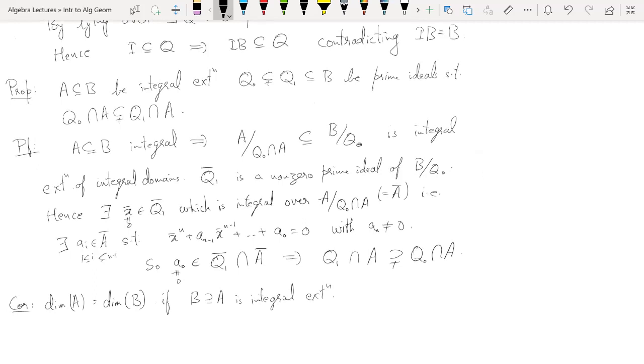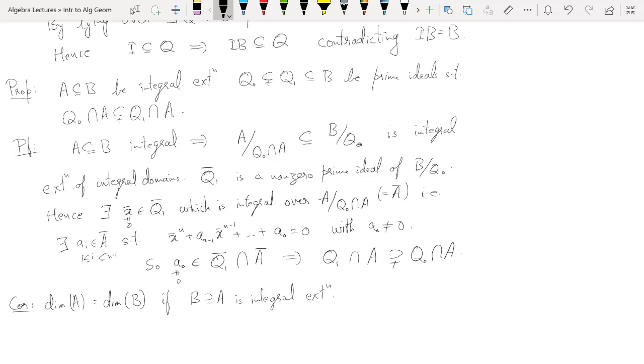A bar is a domain because Q naught intersection A is a prime ideal. So we can make sure that A naught is non-zero, because if A naught is zero, you just forget about A naught, you factor out an X bar, and you get something of lower degree which satisfies the equation, and you can cancel out X bar.